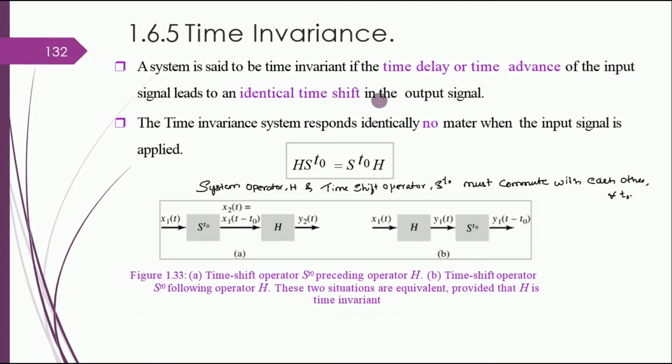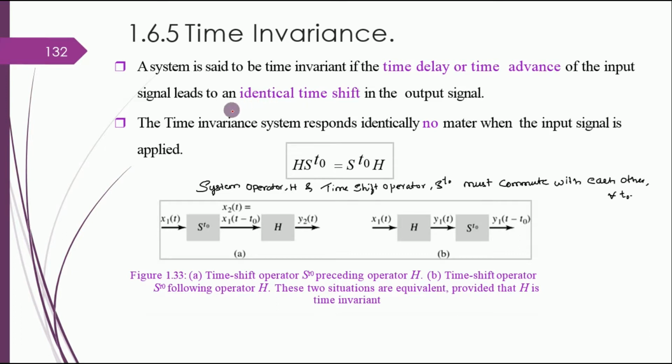The meaning is your system should be time invariant. It is recommended to be time invariant. Whatever changes you make at the input in terms of time, the same identical changes should happen at the output signal. That's the meaning of time invariance.